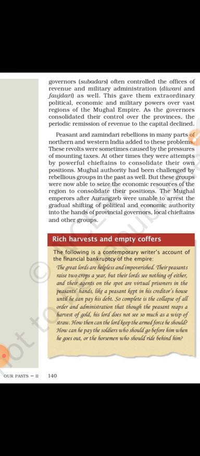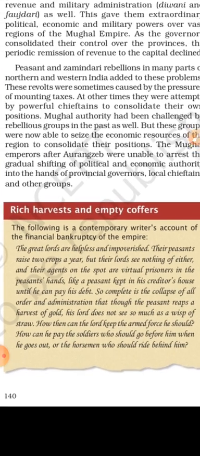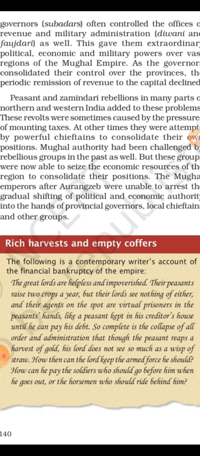Okay, the great lords are helpless and impoverished. Their peasants raise two crops a year, but their lords see nothing of either. And their agents are virtual prisoners in the peasants' hands, like a peasant kept in his creditor's house until he can pay his debt.